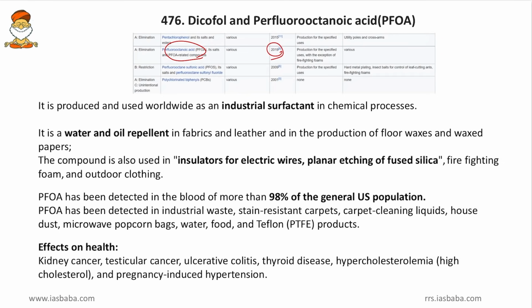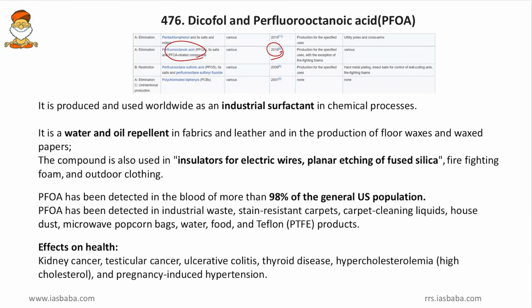A surfactant is one which reduces the surface tension of a liquid. So Surf, Rin, Supreme and other detergents are surfactants because they reduce the surface tension of water, and as a result, this water can enter into the nooks and corners of the cloth and remove the dirt.